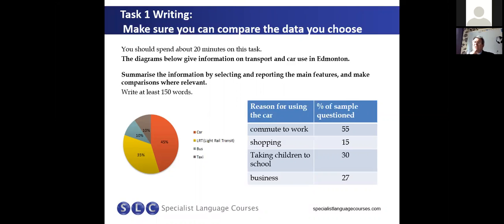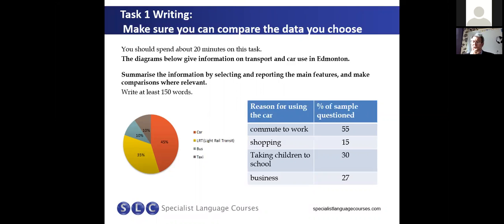So if we added all these together, that's more than 100%. Some of the people must do two things. Some of them must commute to work and go shopping. Not in the same day, but they've ticked shopping as being one of the reasons they use the car in the city.